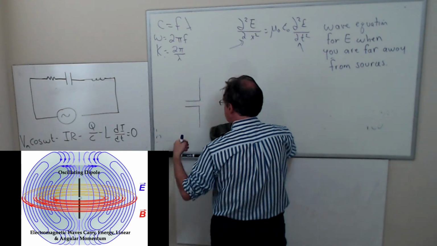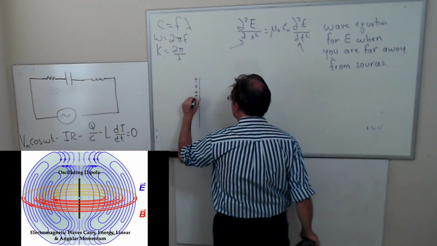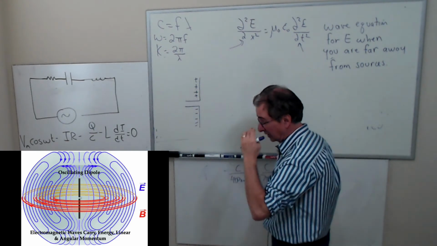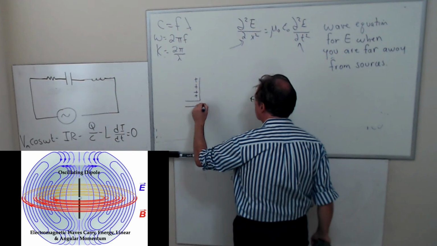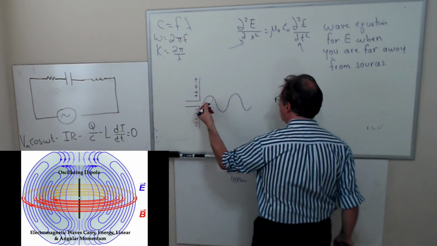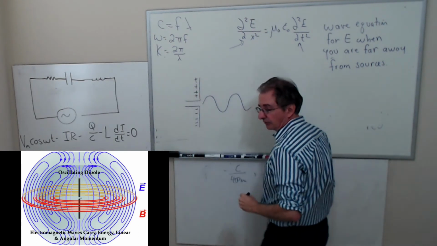And these two charge alternately. Let's say when this is positively charged, this is negatively charged. And as this thing goes through a cycle, the electromagnetic field propagates perpendicular to the oscillation of the dipole.